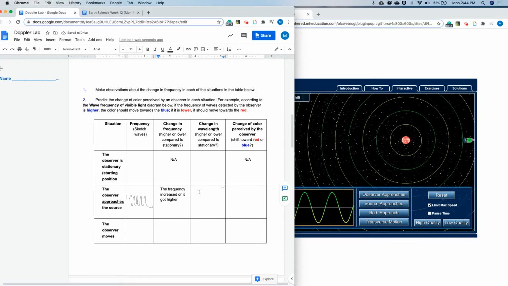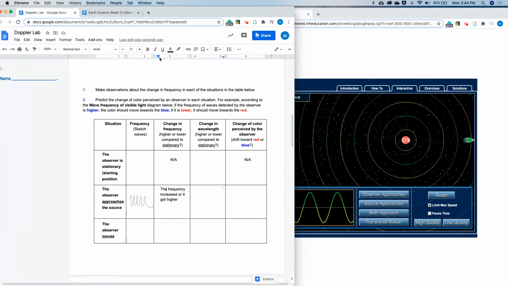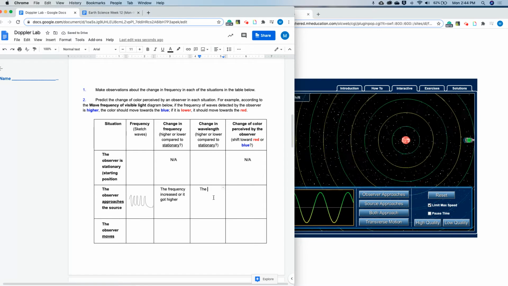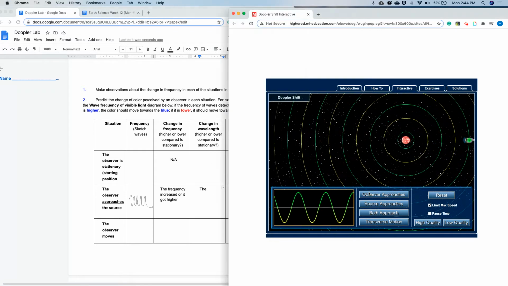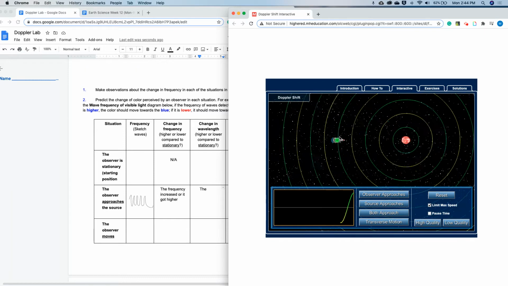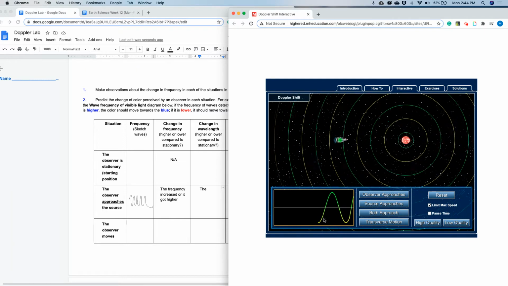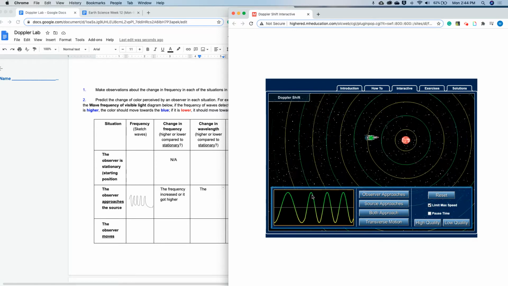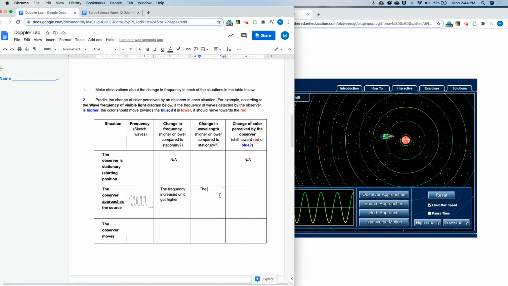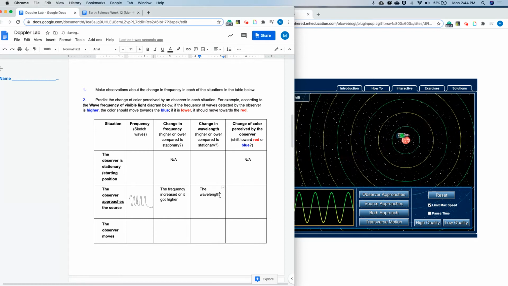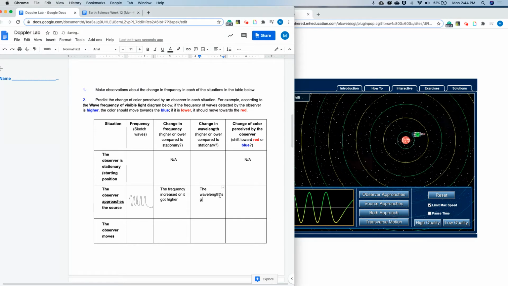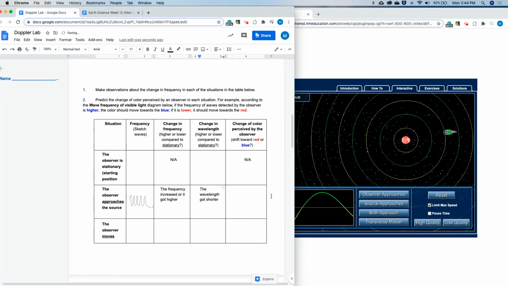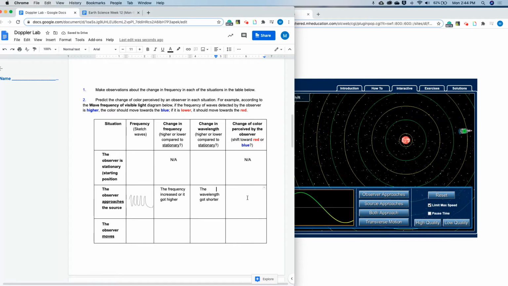And then in terms of wavelength, I'll notice that since my crests are closer together, I know that the wavelength got shorter. Right, and that's all you need to put for this portion of it.